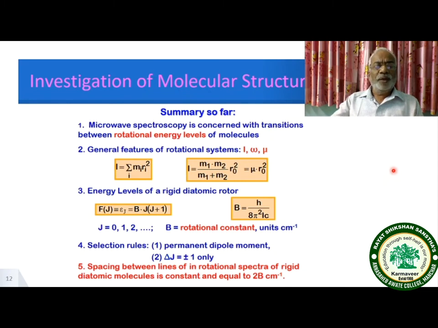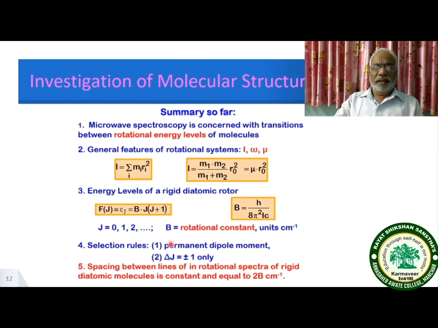Now, we try to sum up what we have considered in the rotational spectroscopic technique. Microwave spectroscopy is concerned with the transitions between rotational energy states of molecules which possess a permanent dipole moment. The moment of inertia can be obtained in this particular way. The energy levels are represented by the energy expression for a rigid diatomic molecule, and B is the rotational constant in centimeter inverse.